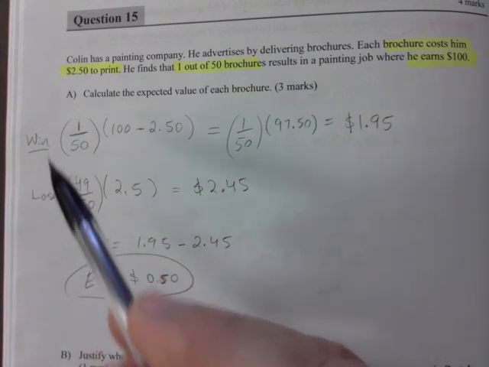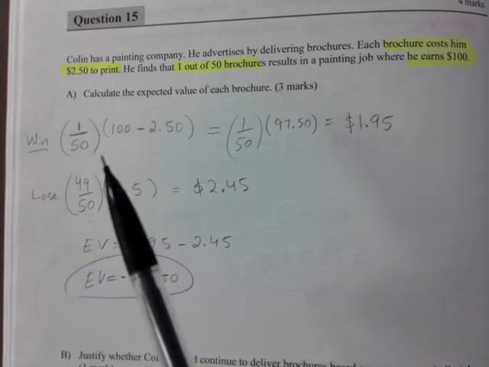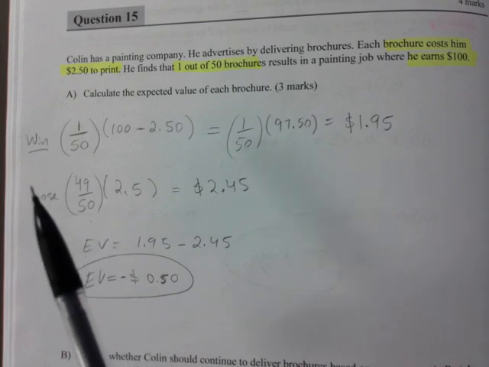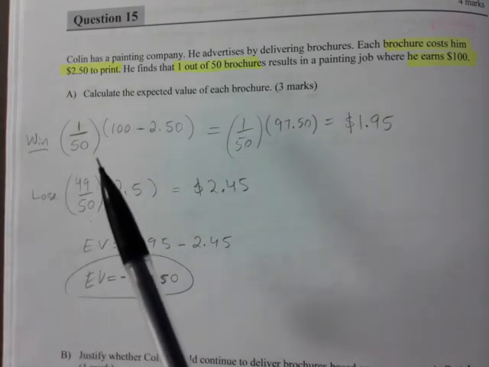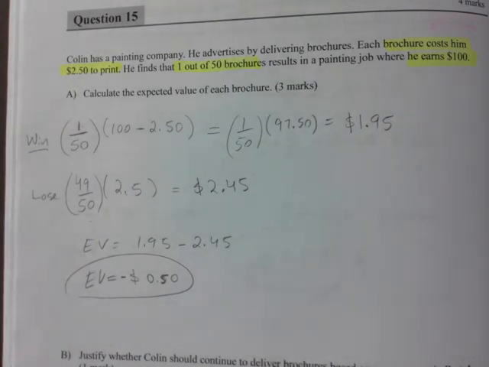So this is win loss. And when I give you other exams, you might have instances where there's other ways of winning. It could be that 2 out of 50 brochures give them a $50 painting job, right? It could have said that, but it didn't. Okay.